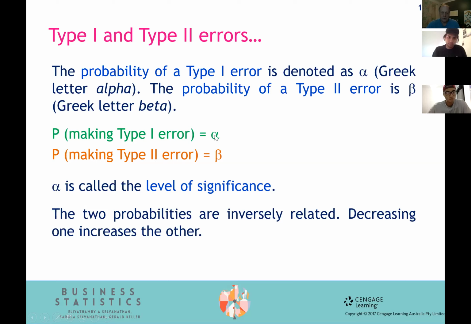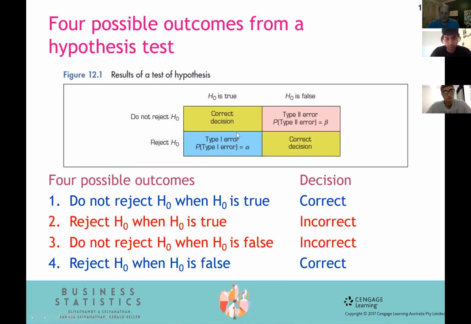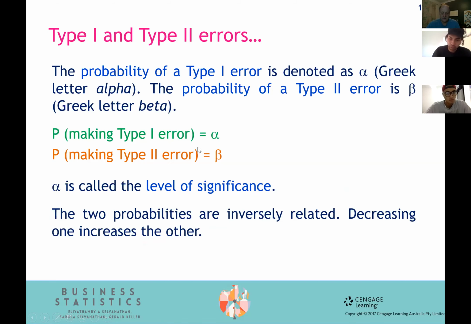So type 1 error is where somebody is innocent and I reject it. In our judicial system, they make this alpha small, something like 0.05 or 5%.